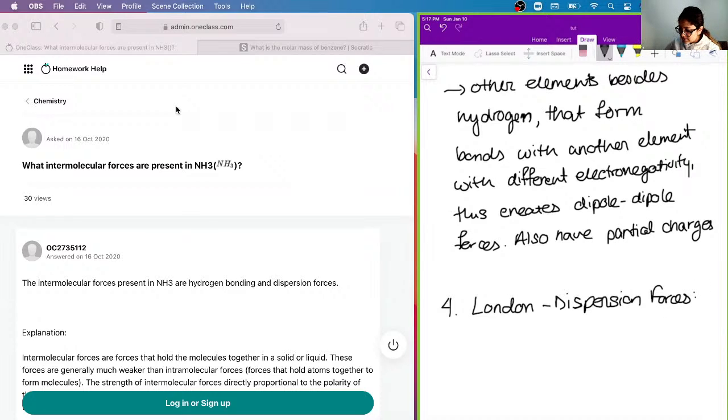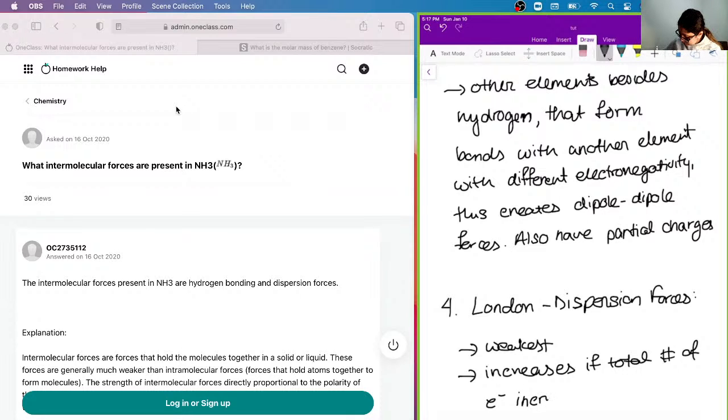The strength of these forces generally increases as the total number of electrons increases.